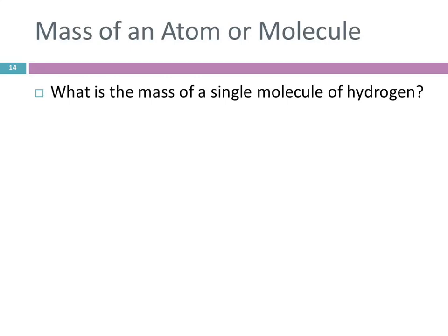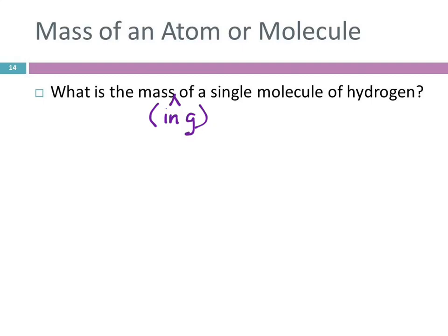Here's a little bit of a different question. What's the mass of a single molecule of hydrogen? I should have been a little more specific. What's the mass in grams of a single molecule?